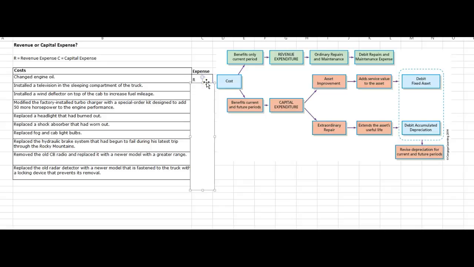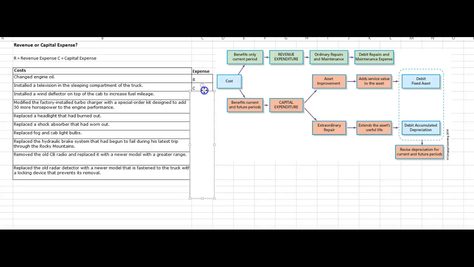If we install a television in a sleeping compartment of a truck, what does that do? Is that a revenue? Does that extend the life of the truck? They call it a capital because it's going to stay with the truck and it will be used over that year's worth of time, and also add to the value of the truck.